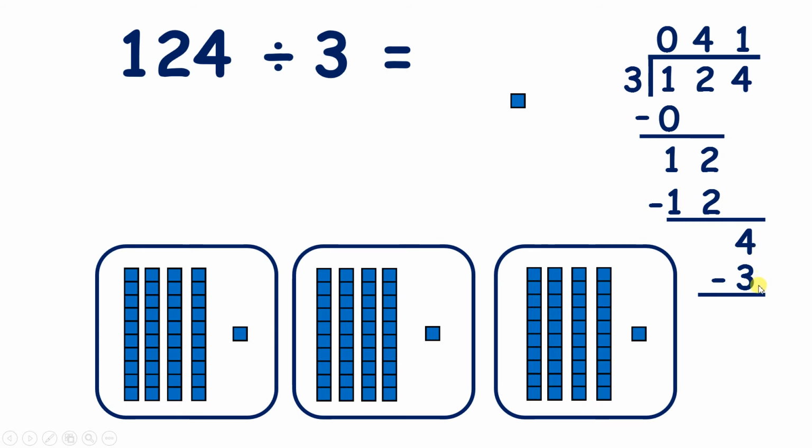Now 4 minus 3 is 1, and that's our 1 remainder. So 124 divided by 3 equals 41 remainder 1.